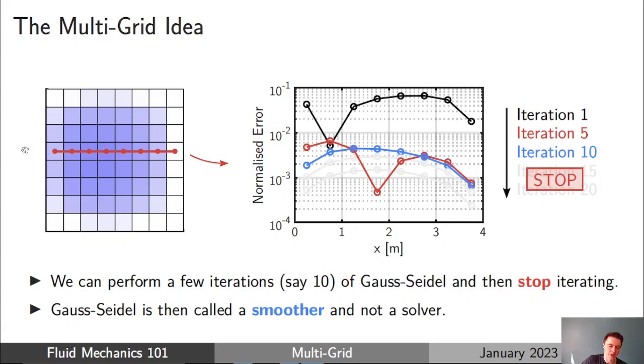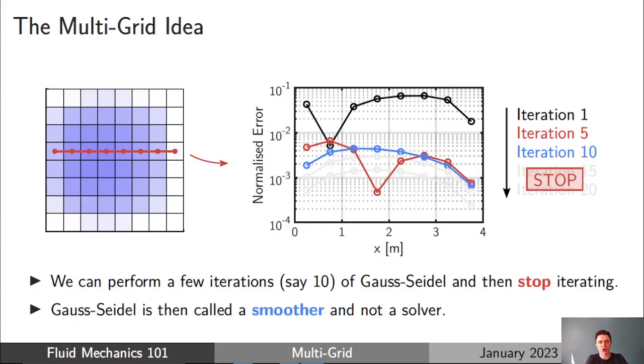We do 10 iterations of Gauss-Seidel on the original mesh, and the error field changes to go from the black line, which has high frequency components and low frequency components, to the error field that we get at iteration 10. At this point, the error field is smooth. The error is still quite high, somewhere between 10 to the minus 2 and 10 to the minus 3. It's quite high, but it's smooth, and that's the important thing.